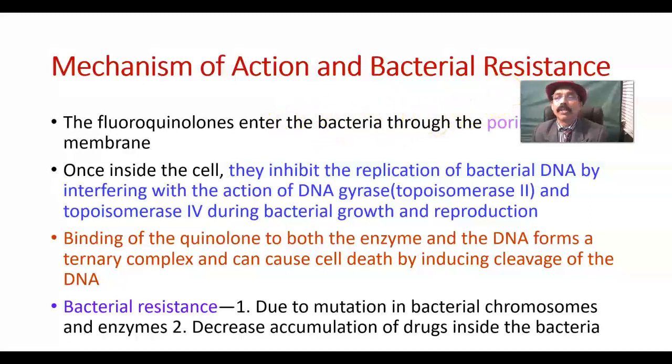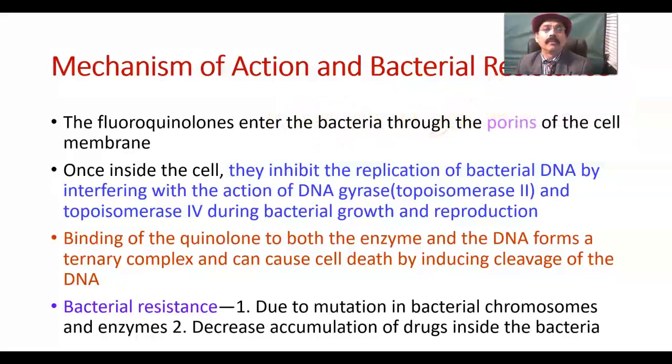First of all, mechanism of action. The fluoroquinolone enters the bacteria through porins. Porins are water-containing channels in the cell membrane. Once inside the cell, they inhibit replication of bacterial DNA by interfering with the action of DNA gyrase, topoisomerase II, and topoisomerase IV during bacterial growth and reproduction.